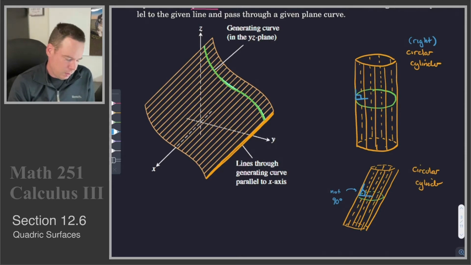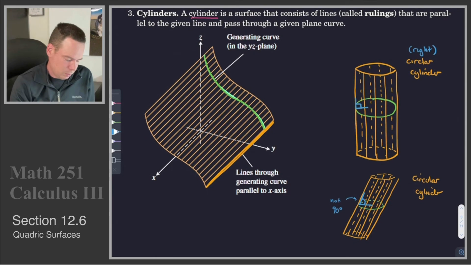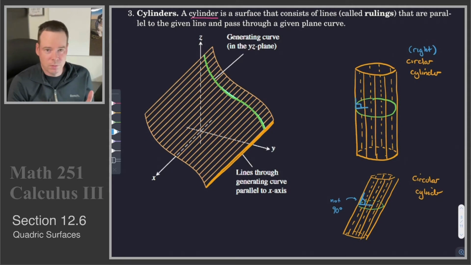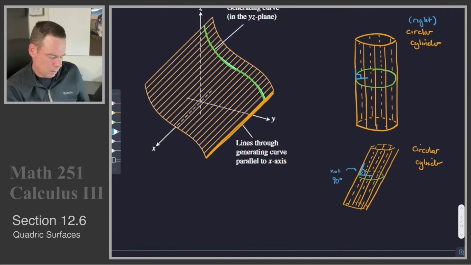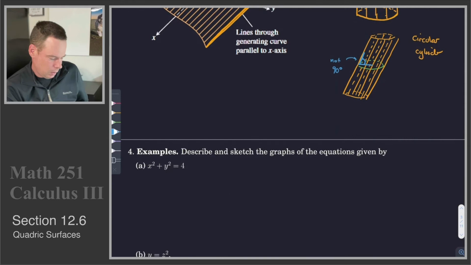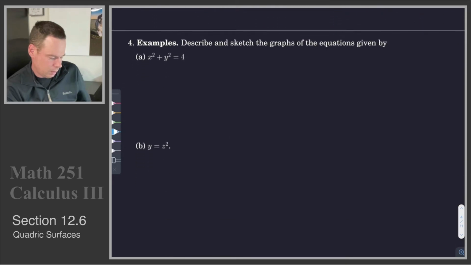And a cylinder, as given in this definition, is precisely this. We've got a green curve, we've got a line that passes through that green curve, and then you take all lines parallel to that line that pass through the green curve, and that makes up a cylinder. Okay, so many varieties of cylinders that we can encounter.